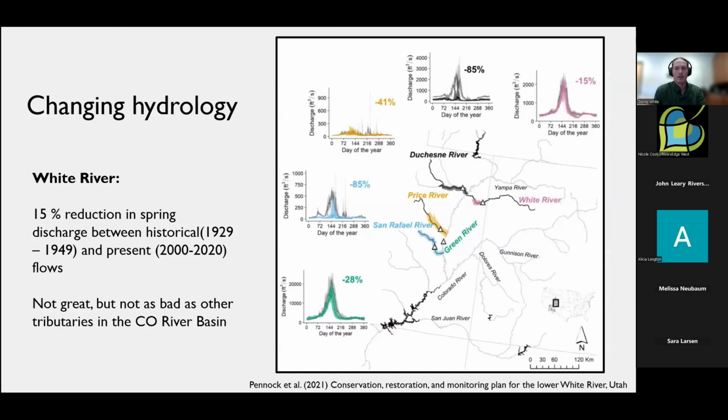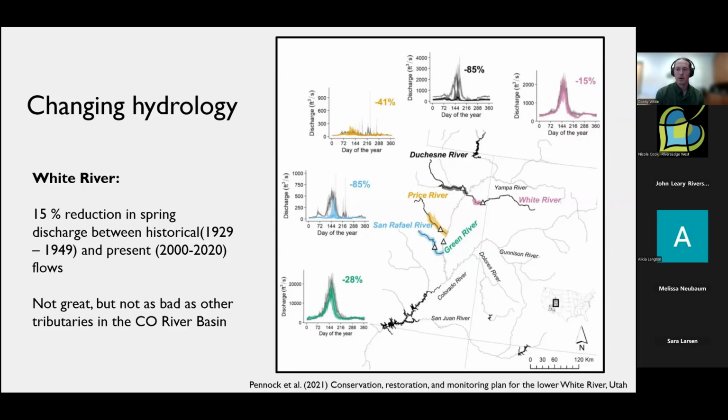So starting with hydrology, because it's often the driver behind so many other changes, on the White River, gauge records show a roughly 15% reduction in spring discharge when we compare the historical period from 1929 through 1949 to the more recent record from 2000 to 2020. That's not insignificant, especially in a system where spring flows are critical for channel migration, sediment transport, and resetting vegetation.